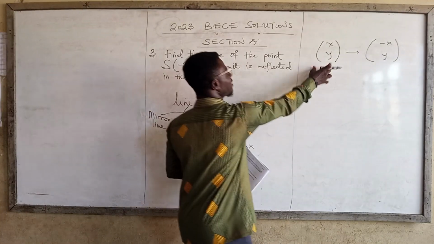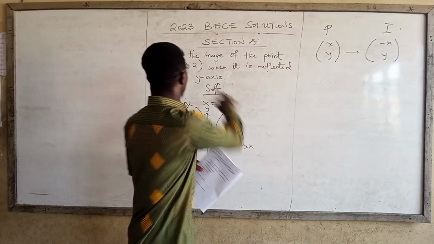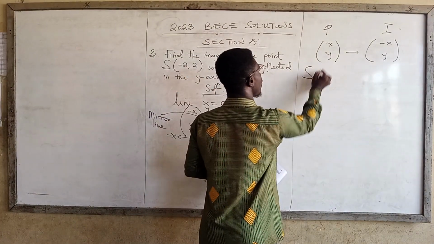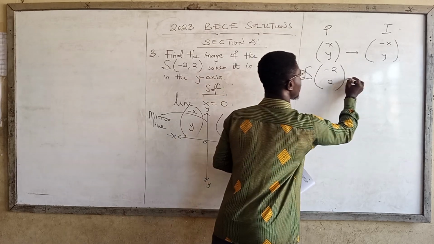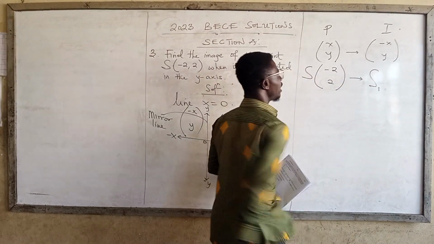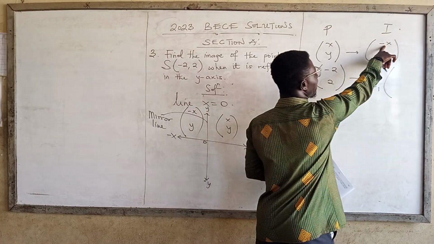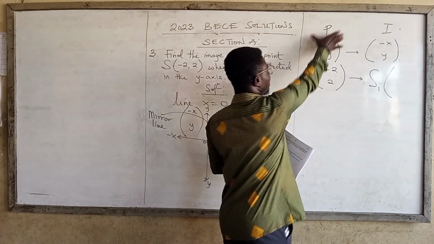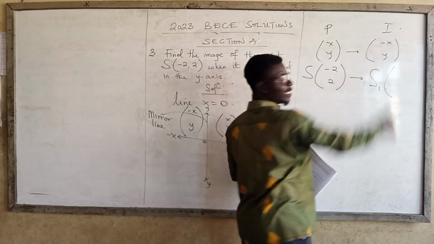This is my point and this is my image. My point S is (negative 2, 2), and I am transforming this point to its image.